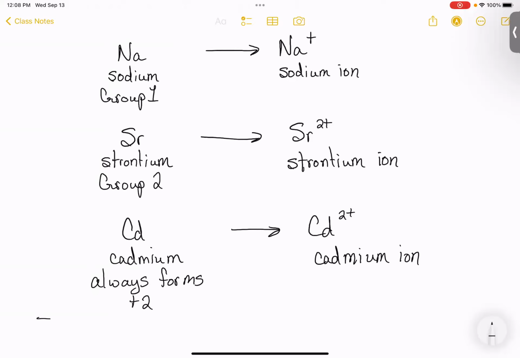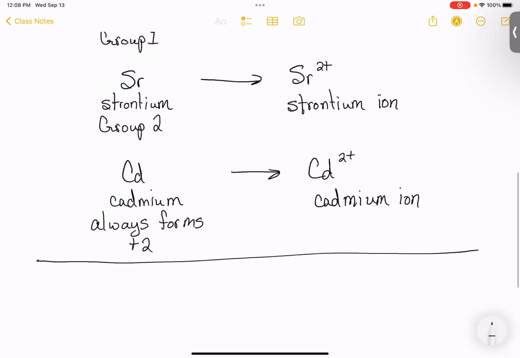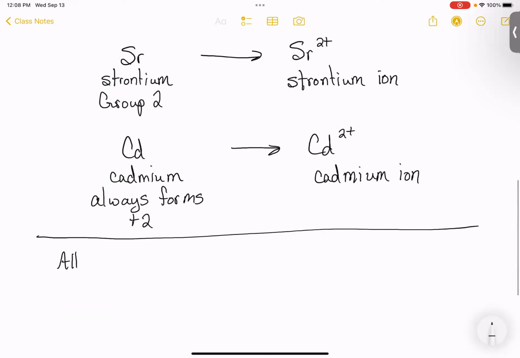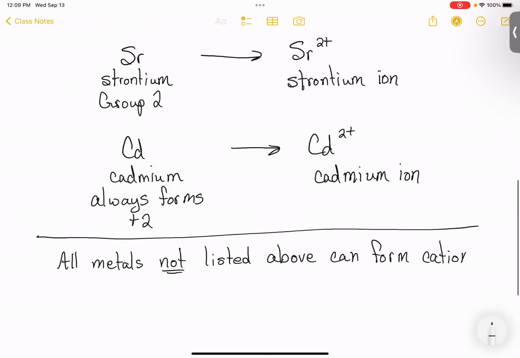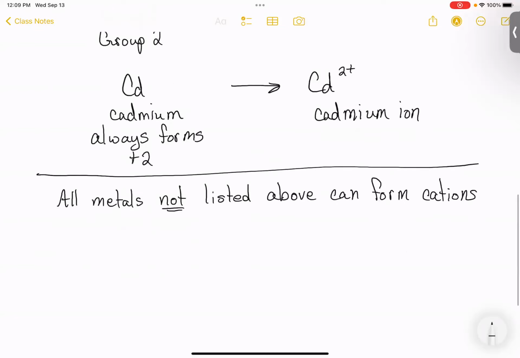Now, if you'll recall, all metals not listed above can form cations with more than one charge.